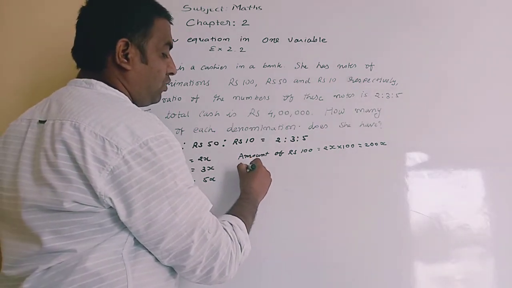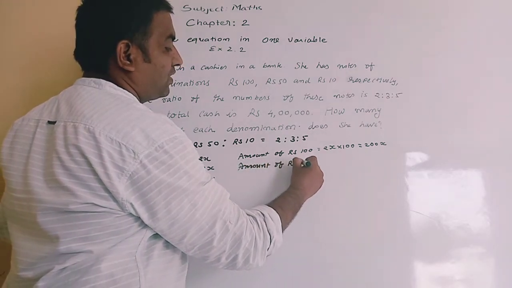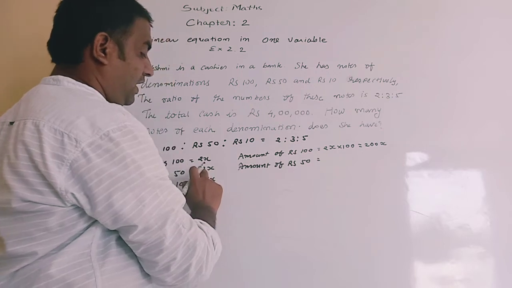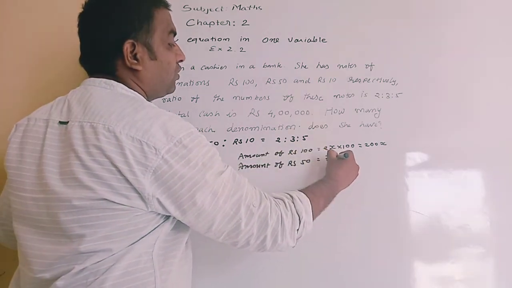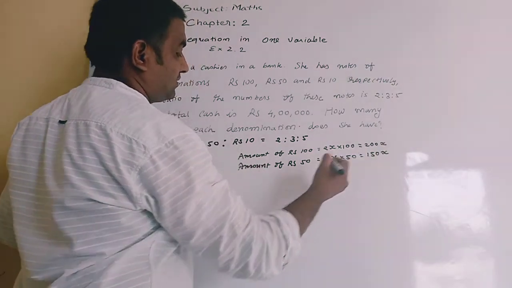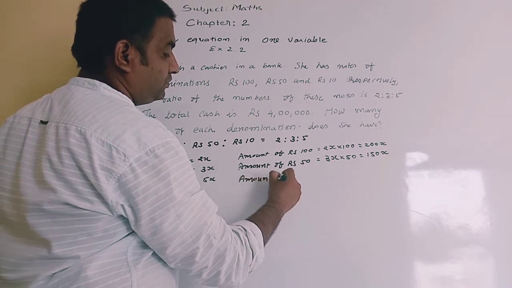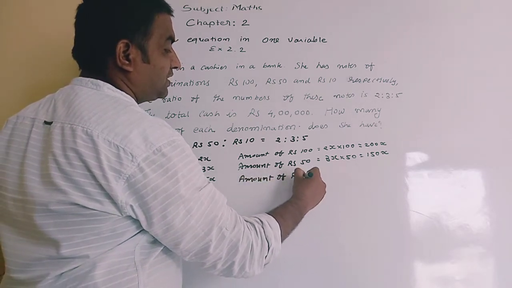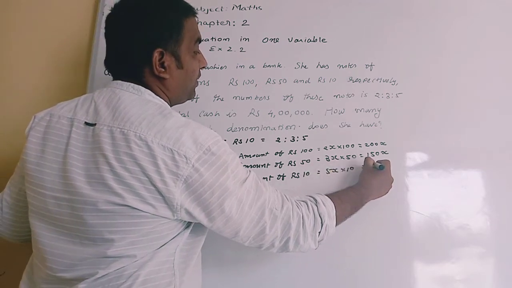So amount of rupees 50 will be 3x notes, and each one is 50, so 3x into 50, that is 150x, and amount of rupees 10 equals 5x into 10, that will be 50x.